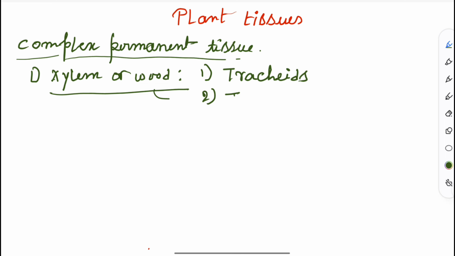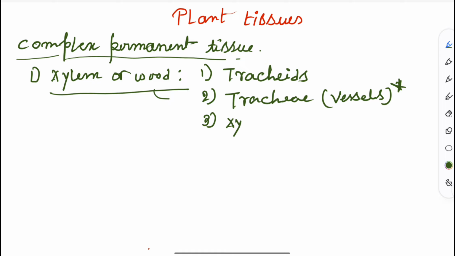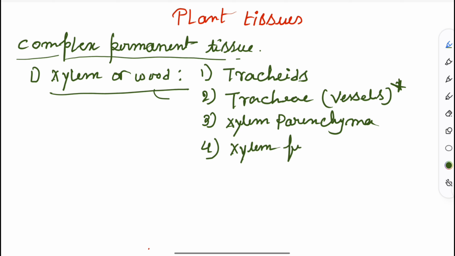Second, trachea or vessels. This is the most important part of xylem, it does the main function. Then we have xylem parenchyma. And last is xylem fiber. We are going to study about them.